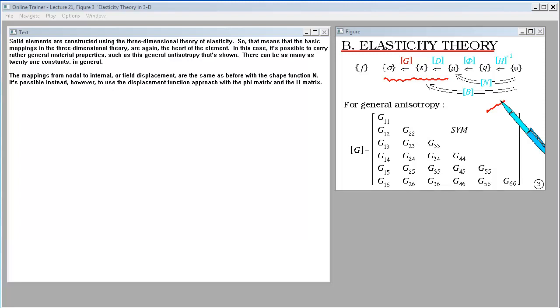There can be as many as 21 constants in general. The mappings from nodal to internal or field displacement are the same as before, function N. It's possible instead, however, to use the displacement function approach with the phi matrix and the H matrix.